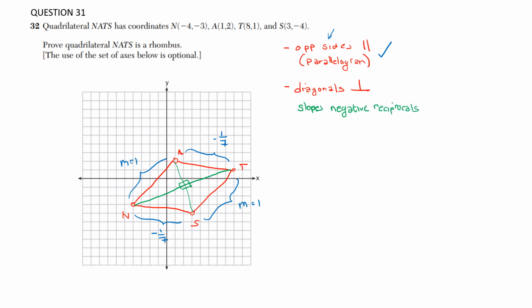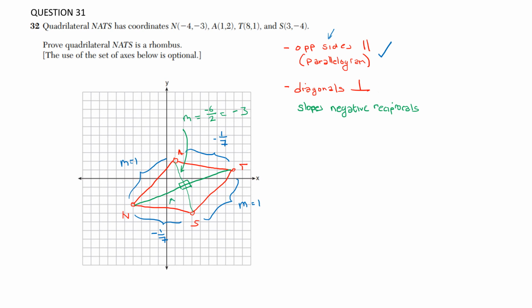All right. So AS, we have minus 1, 2, 3, 4, 5, 6 over 1, 2. So this slope is minus 6, and then run is 2, which simplifies to negative 3.